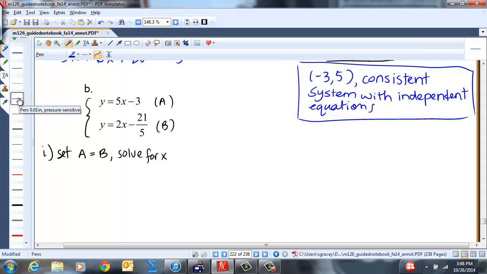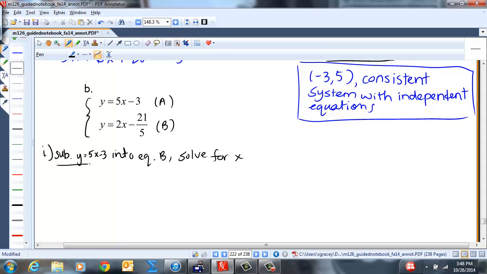Actually, it's not quite setting A equal to B. Let's just do this: substitute y equal to 5x minus 3 into equation B, and we'll be able to solve for x.